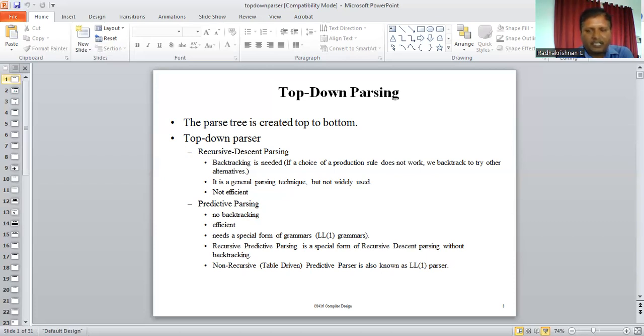Only one location. Similarly, E dash has two locations, T two locations, T dash two locations, F two locations. However many times the non-terminal appears on the right hand side, we consider all the cases. First we take follow of E.